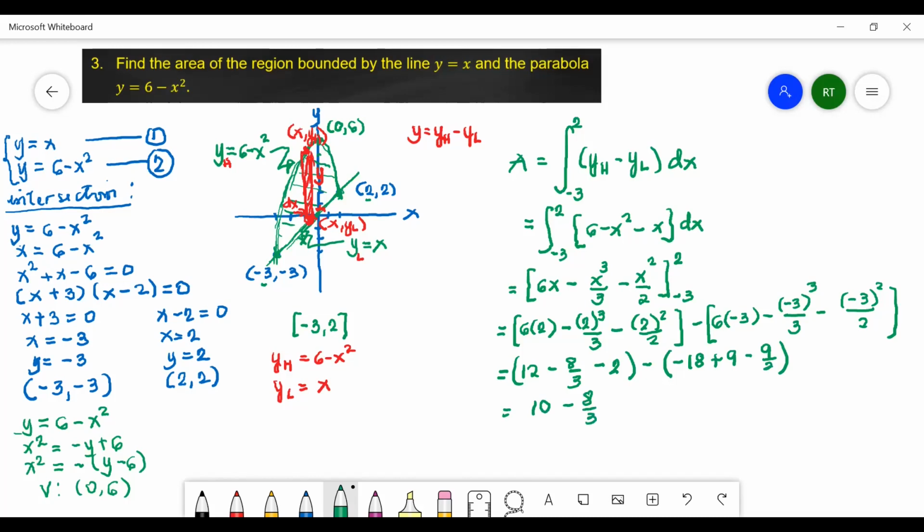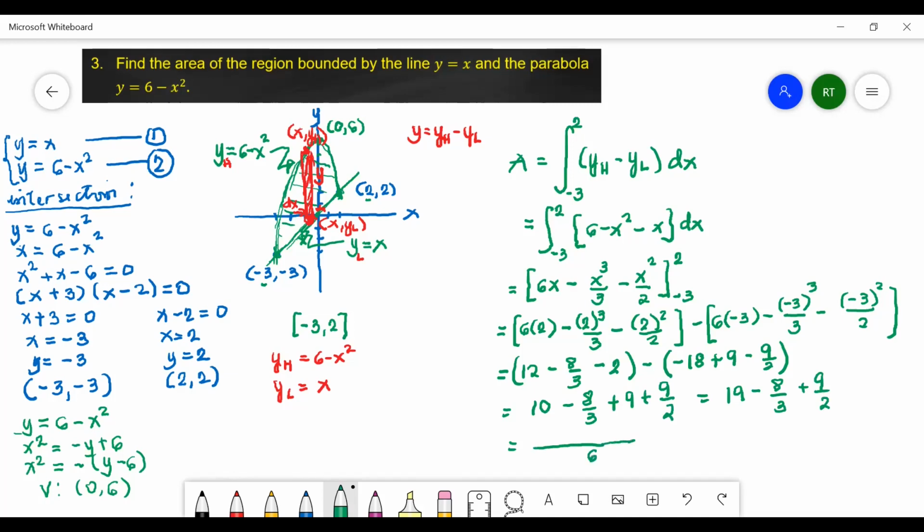Negative 18 plus 9 is negative 9. Negative is positive, so positive 9. And minus negative 9 over 2, minus is positive, 9 over 2. Giving us 10 plus 9 is 19, minus 8 over 3 plus 9 over 2. Of course, the common denominator is 6.